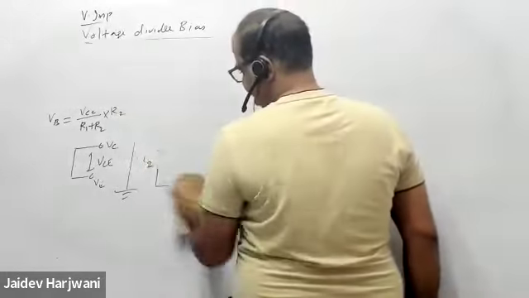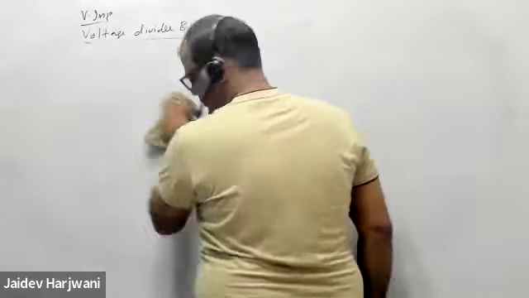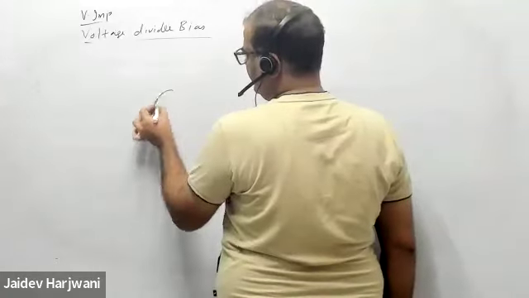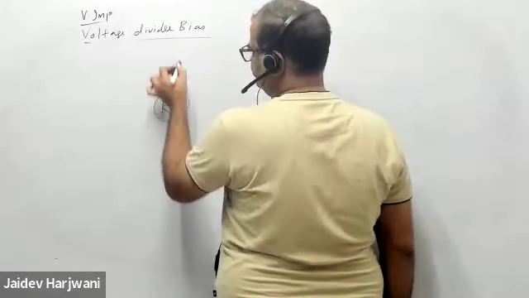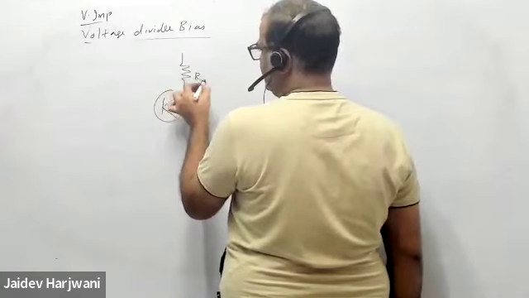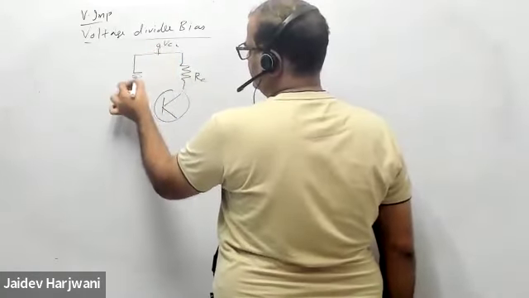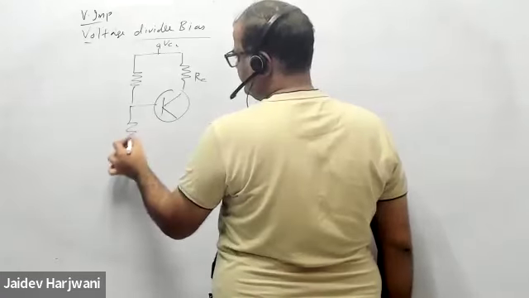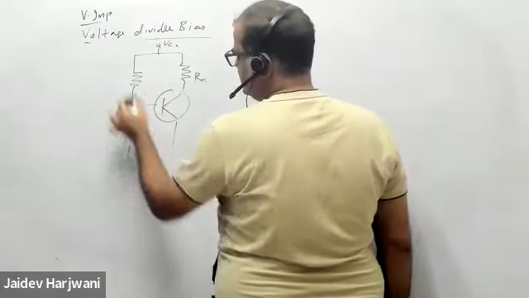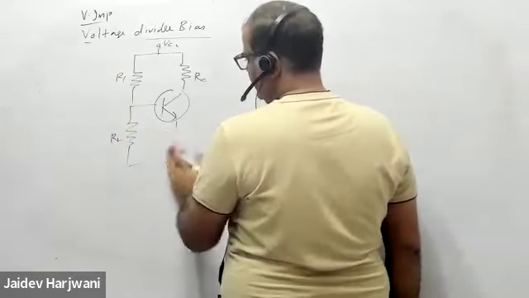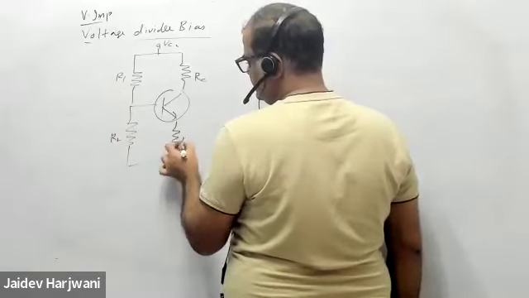So you have a voltage divider circuit: RC, VCC, R1, R2, and here you have a RE.